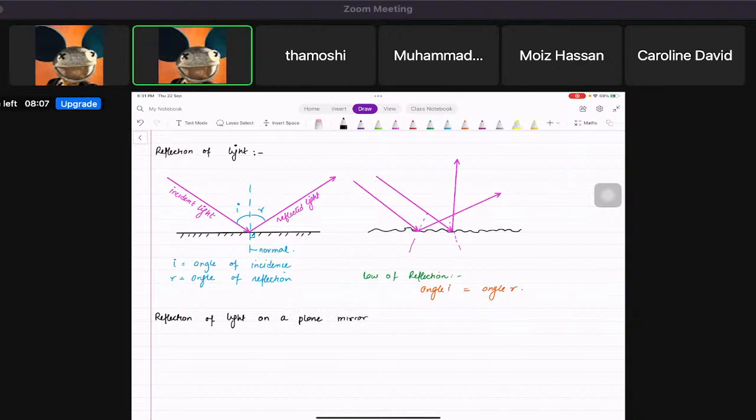And basically what I want you to do is get a pencil and a ruler, and follow what I'm doing, because it is very, very important. They will also ask you to do the same thing. So you need to learn how to form an image, and for that you should have a protractor, a ruler, and a pencil. Can you guys please bring it right now?